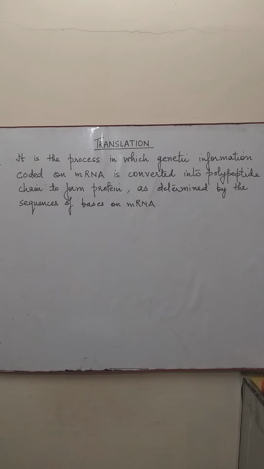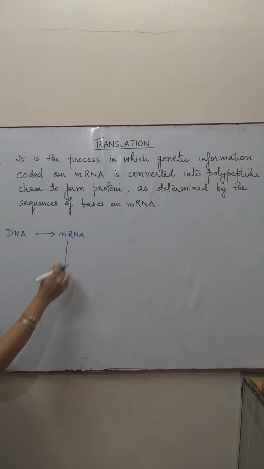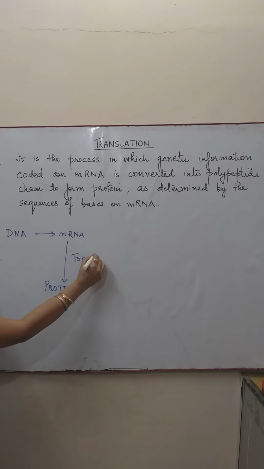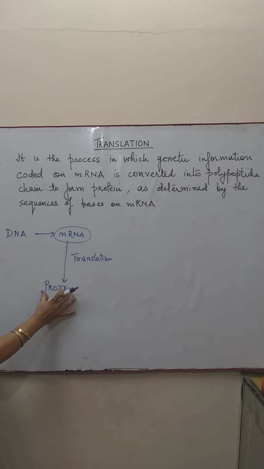So that simply means that the DNA, which has passed on the information through the complementary bases to mRNA, is now converted to form the proteins. So this process is known as translation, because in this we are only decoding the information and synthesizing of the protein is taking place. Now here the role of RNA is very, very important.